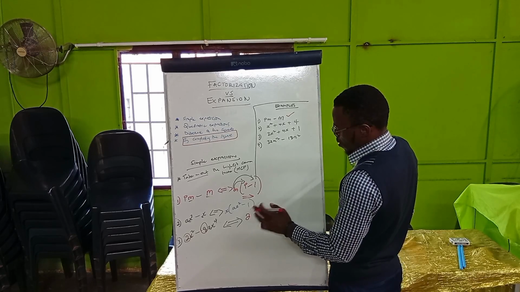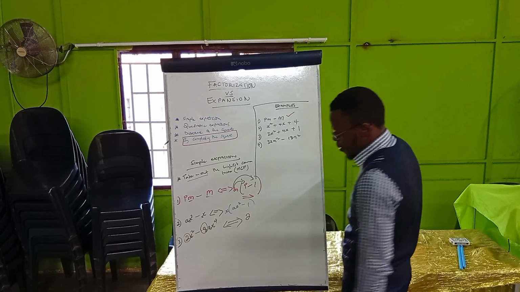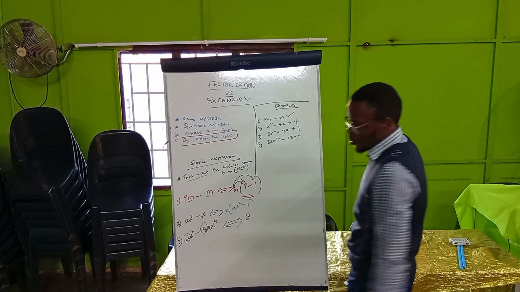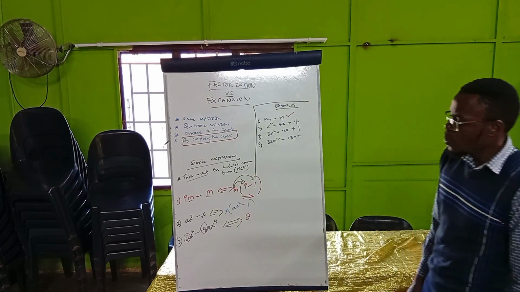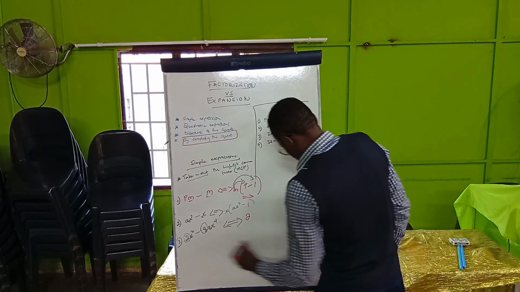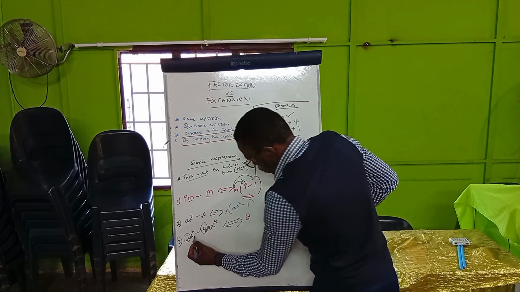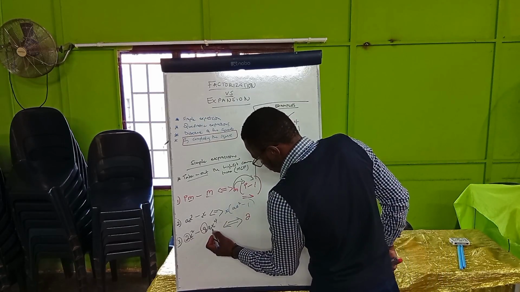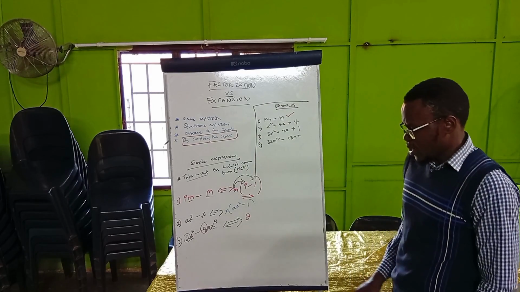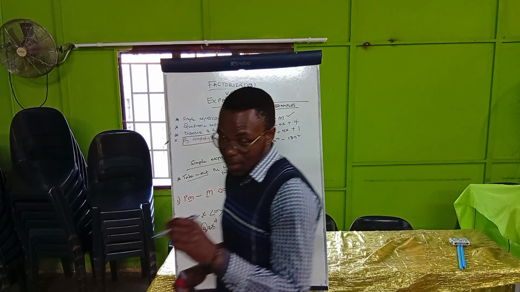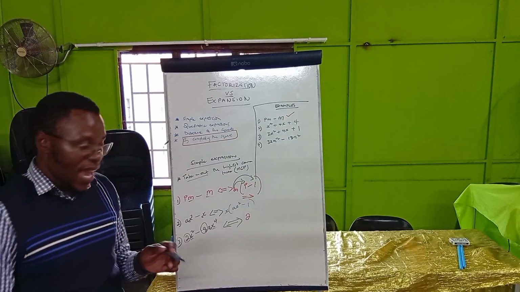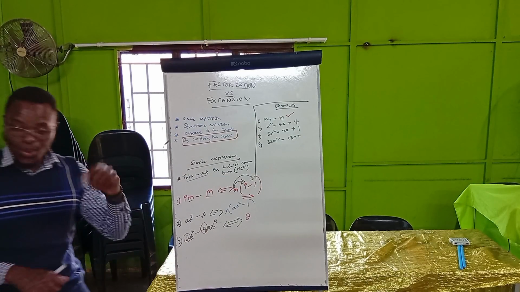So we're going to take out 2. And then also, after we've taken out the 2, there's another term we can also take out here. Notice that we've got x squared, and we also have x to the power 4. So now, the highest common factor will not be just x, but it will be x squared.